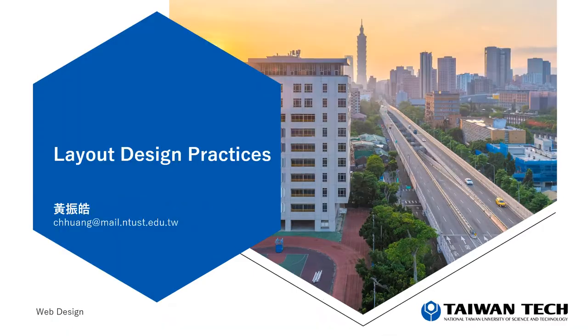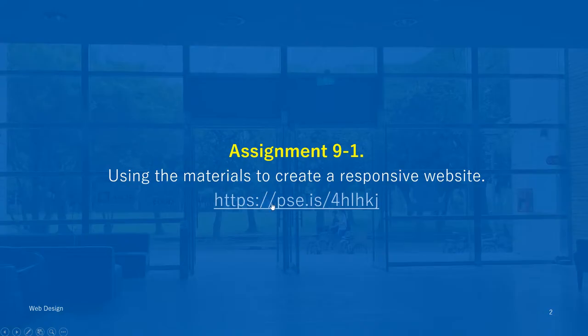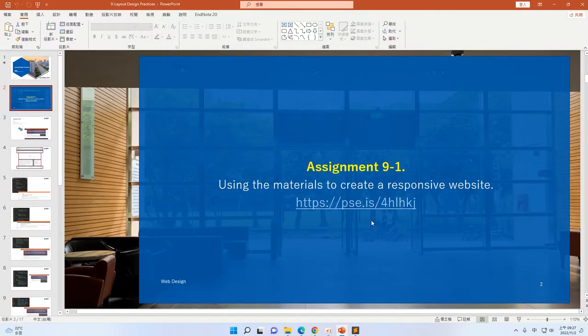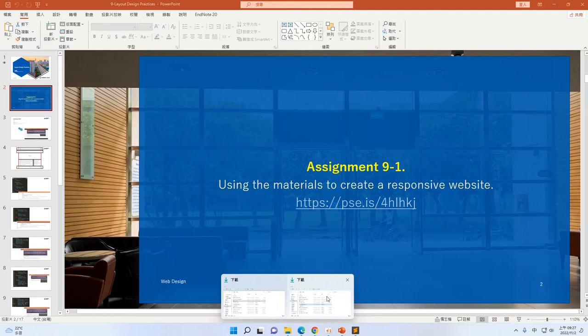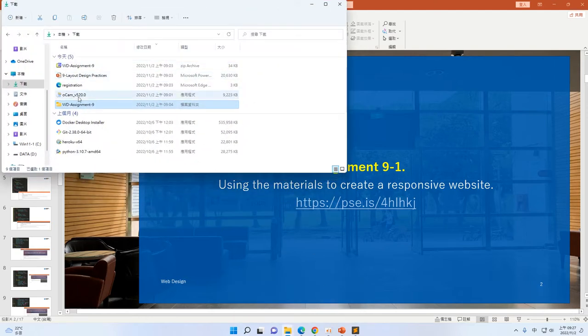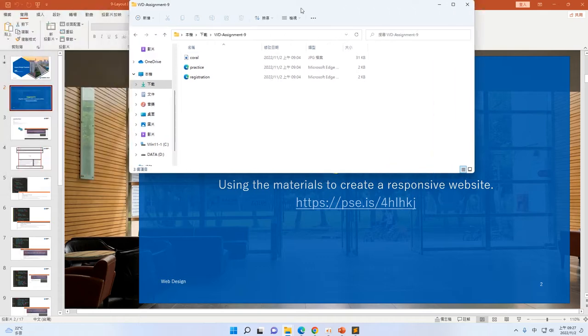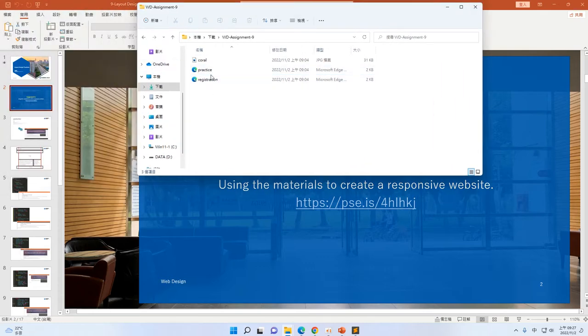Now let's start by downloading some things. Through these links, you can download a file. What's this link? I will show you later. If you download it, you can see this folder, WD Assignment 9. In this folder, you have 2 HTML files and 1 JPEG file.